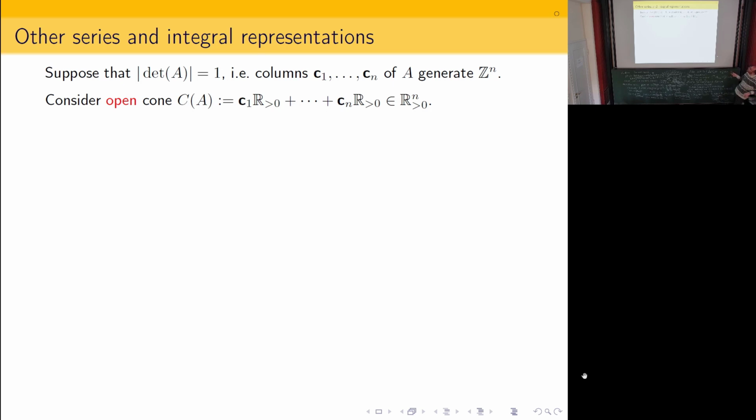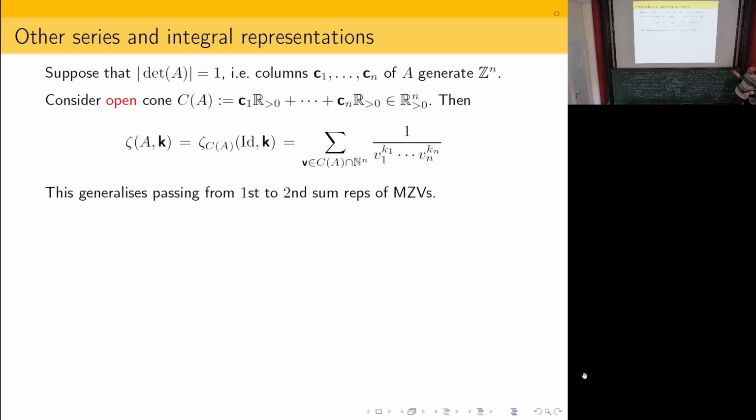And you can consider the open cone, which is generated by the columns of the matrix A. The first observation is that you can write this sum, which was a sum over the trivial cone, as a sum over this non-trivial cone, but then you take the identity matrix. So you have a simple summand and a complicated summation domain, which is the same thing you have for multiple zeta values, but now generalized. But this assumption is crucial for this, otherwise you would have some congruence condition in this summation.